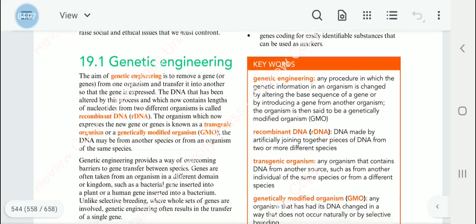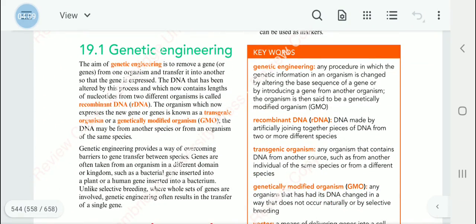Genetic engineering is a very useful form of science that we use in our day-to-day lives. For example, most of the vegetables or food that we eat would have at least some component of it that is genetically engineered.